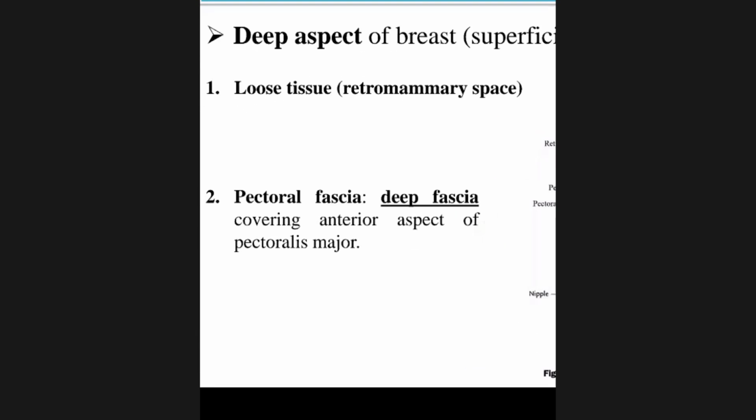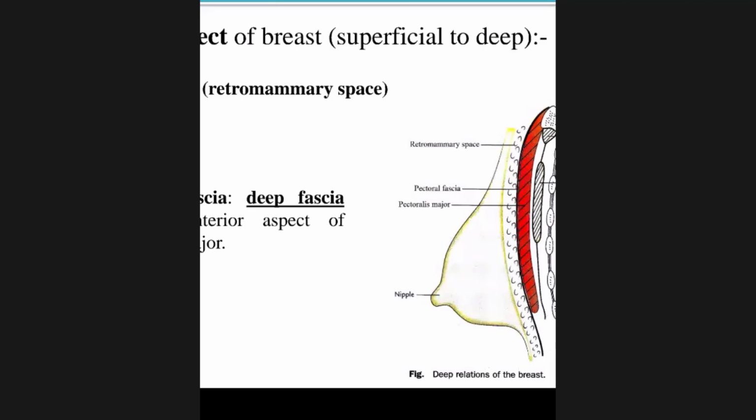Just behind the mammary gland there is one space, and that space is called the retromammary space. It is filled by loose connective tissue or areolar tissue.